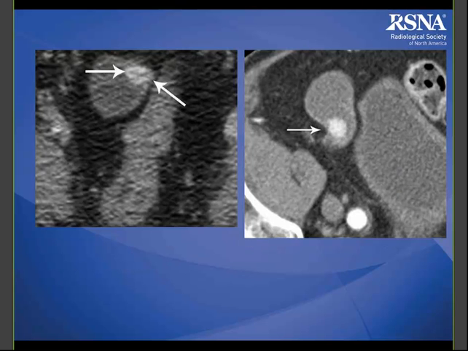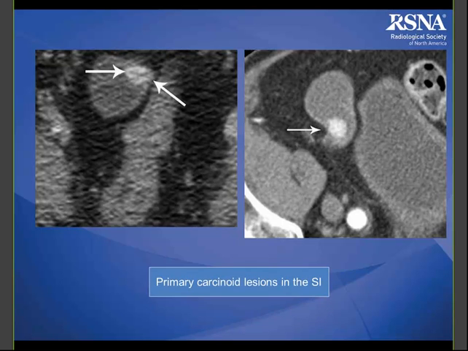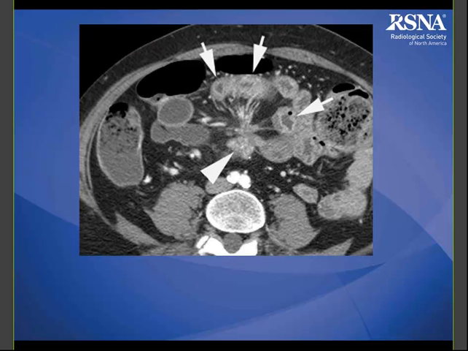So here's a nice example, kind of zoomed up, just to show you how small some of these lesions can be. This patient either had VoLumen or they just had water enteric contrast, definitely not positive oral enteric contrast. You can see a small little intraluminal enhancing lesion. So, primary carcinoid.